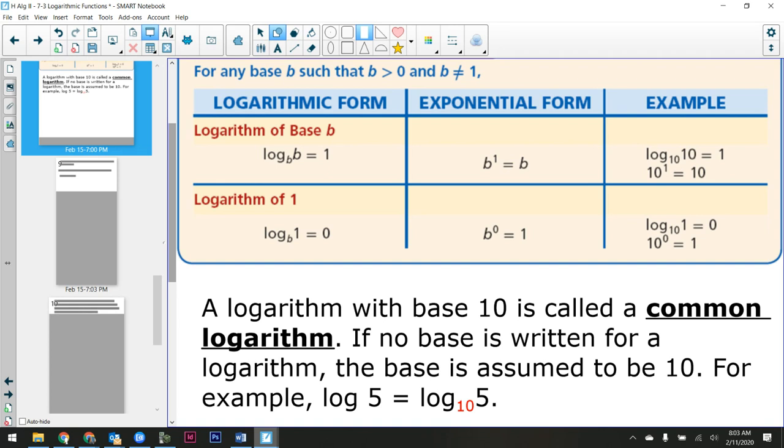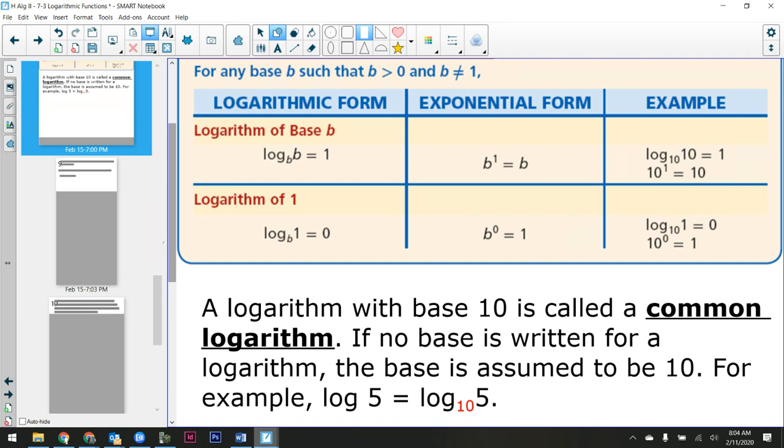Hit that log button. Does it give you the option of putting in a new base? Does it give you an option of changing the base? What's written down below the log? Anything? No. There's nothing written down there.